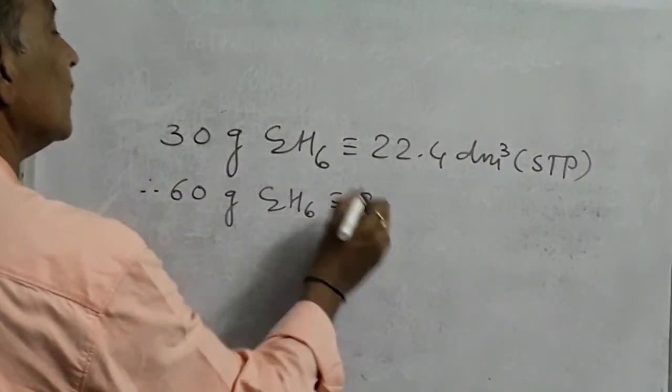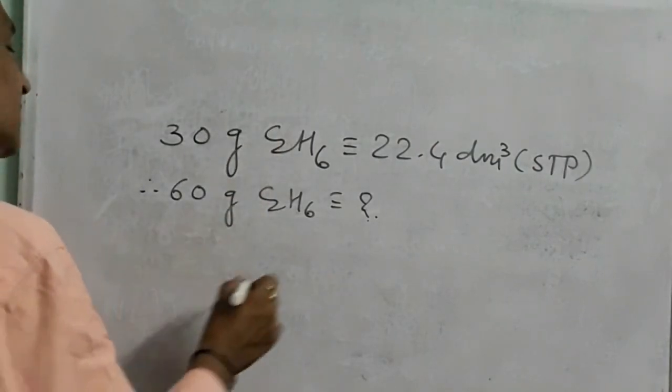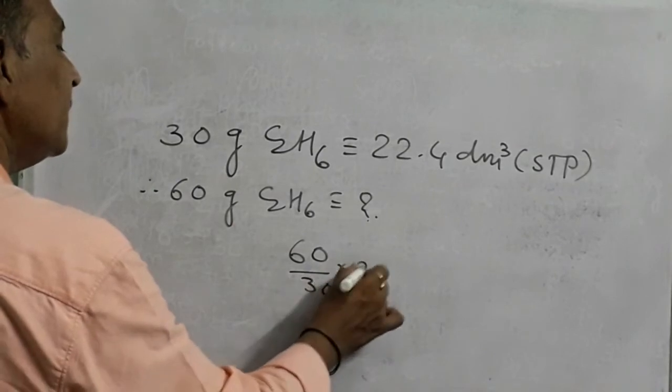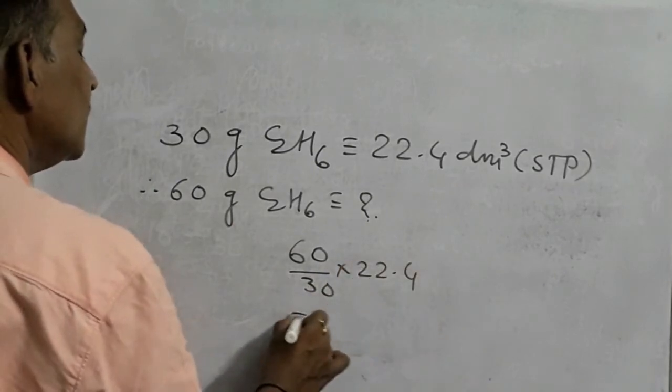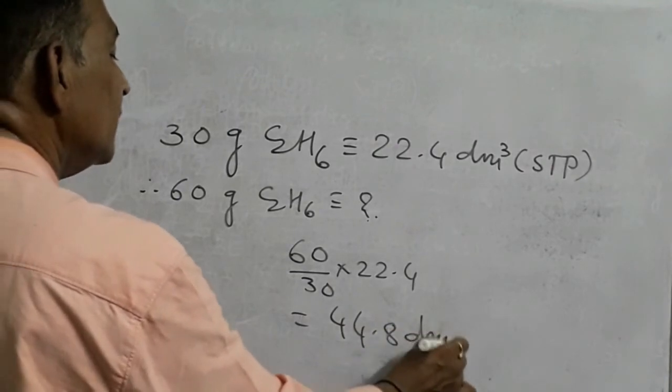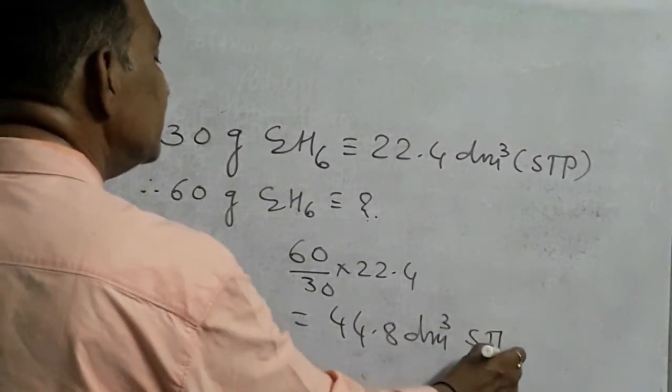volume at STP. So 60 by 30 multiplied by 22.4 is equal to 44.8 dm cube at STP.